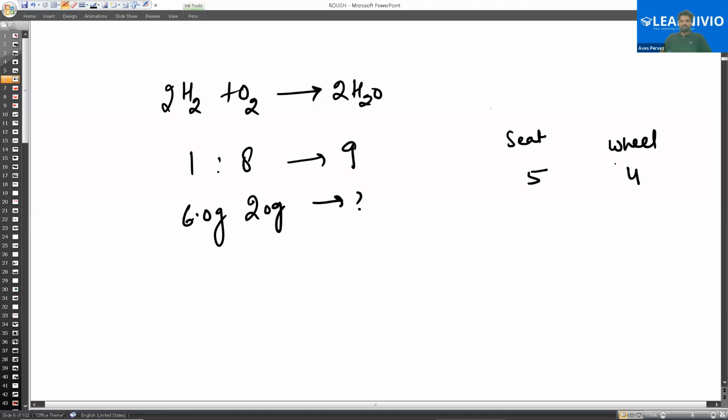Afrin, tell me. If you have all other equipment of the cycle but don't have the wheels and seats, you go to the market and buy 5 seats and 4 wheels. How many complete cycles will you be able to make?